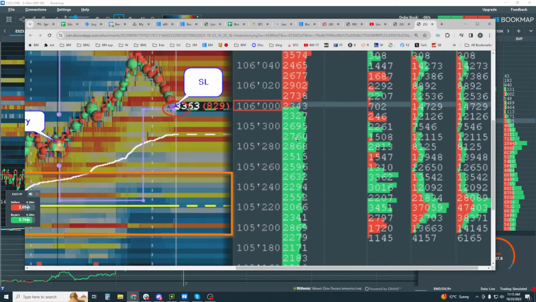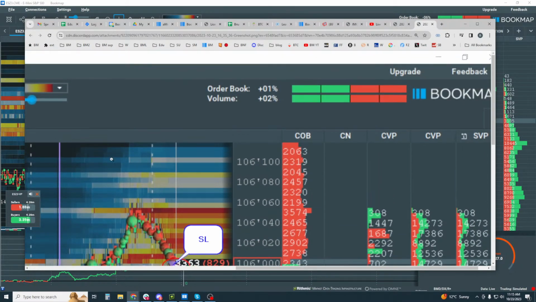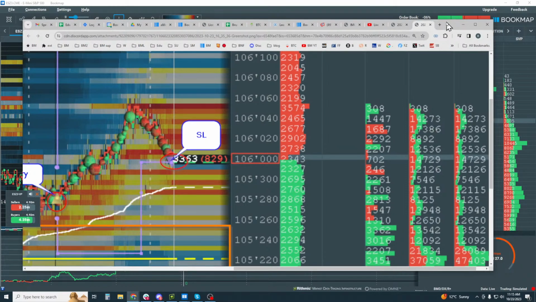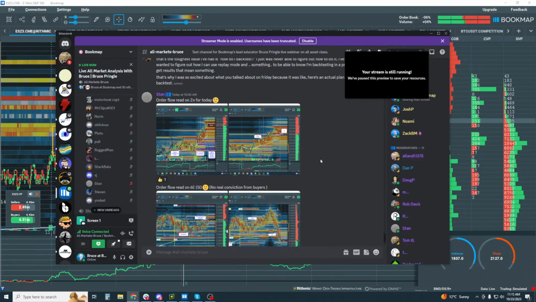So he moved them way up above here, but his stop loss he moved up to here, and he got stopped out. So we had a small winner in here. Fantastic job, right? So anyway, that's when we give feedback on this kind of content. Stan has made it to the Bookmap Academy level.